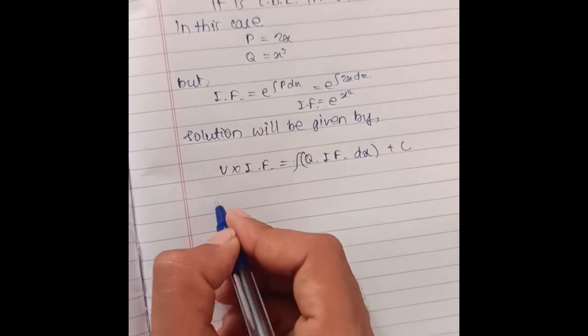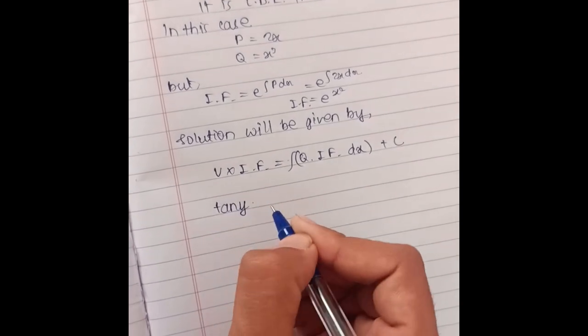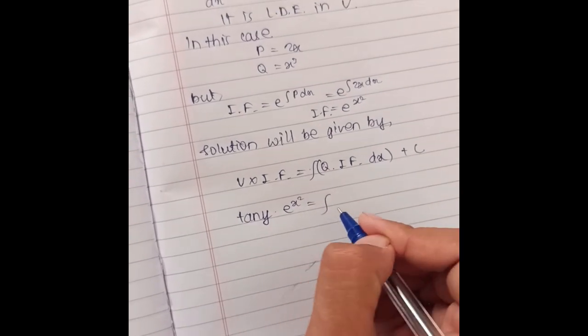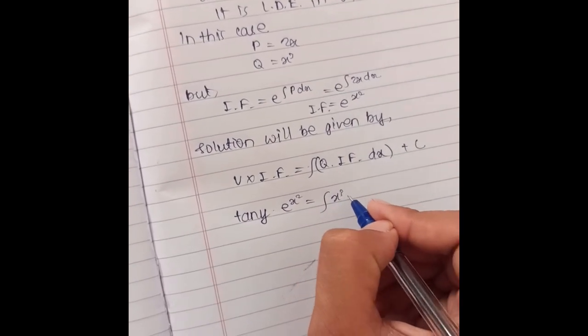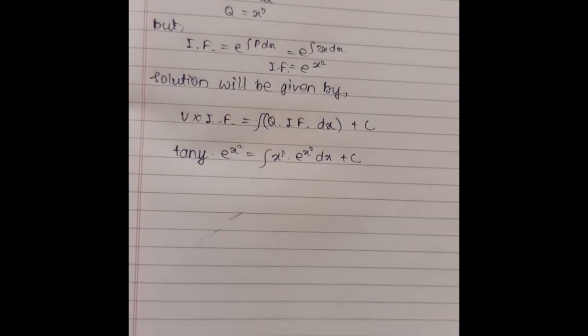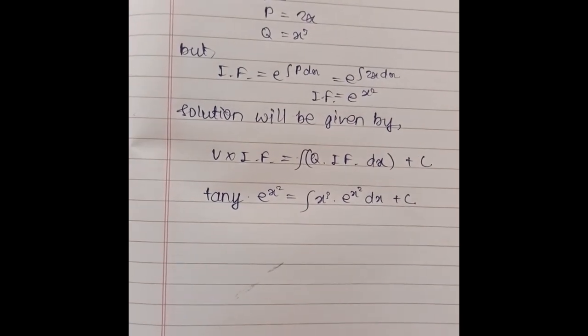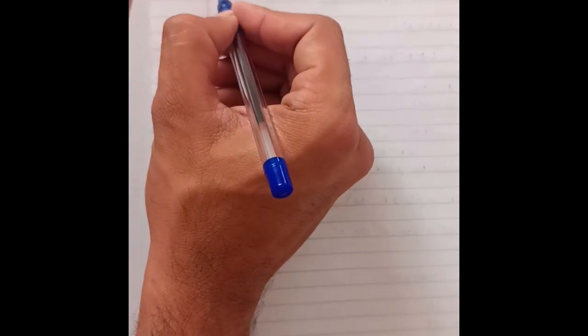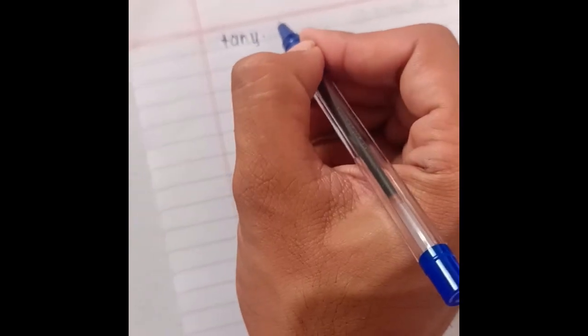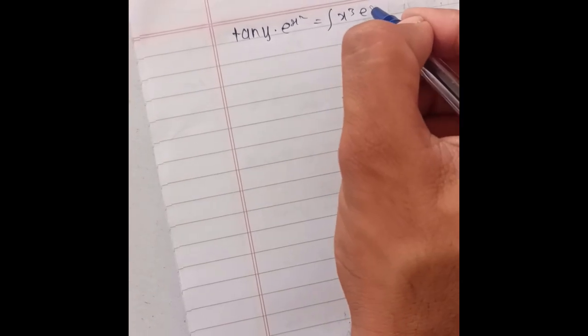By replacing v, we can write v as tan of y into e raised to x square is equal to integration of q, which is x cube, into e raised to x square dx plus c, our required solution. Now we will solve the integration: tangent of y into e raised to x square is equal to integration of x cube e raised to x square dx plus c.